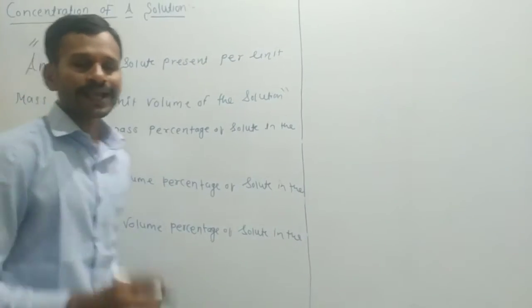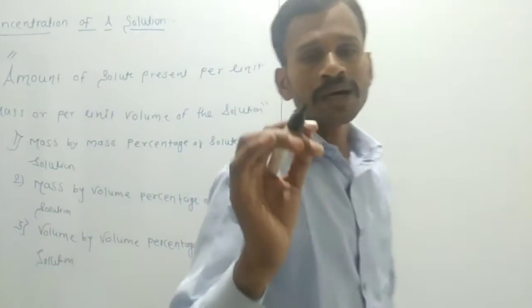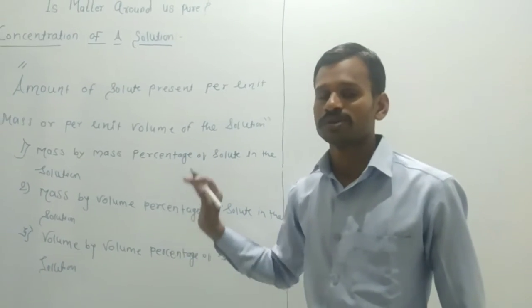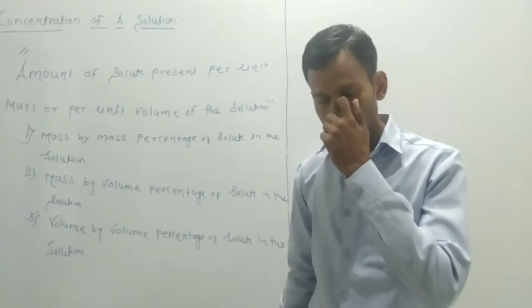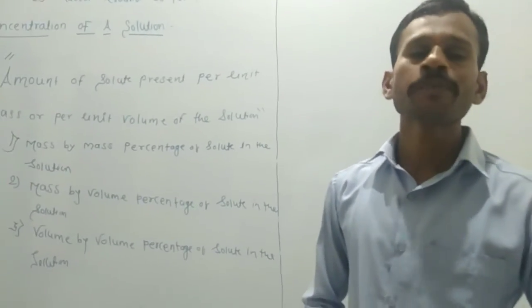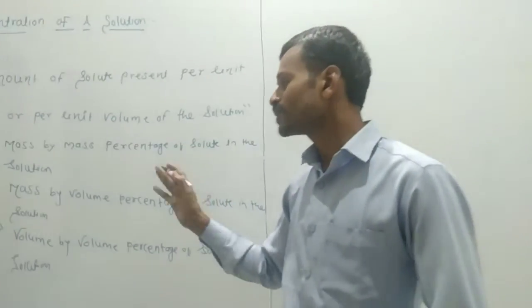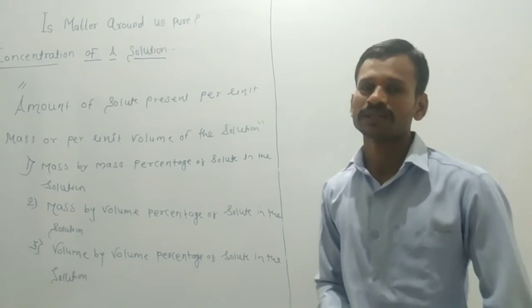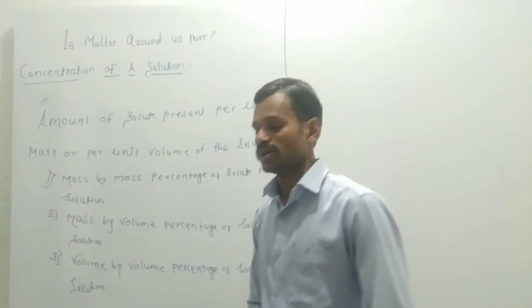So, in this way, dear student, we have three concepts, three ways. We will study them one by one. The first one is mass by mass percentage of solute in the solution.